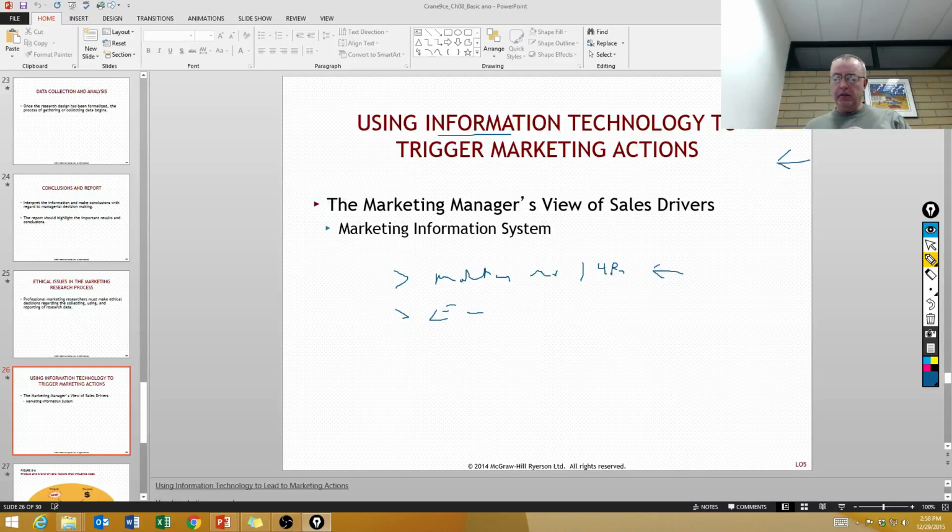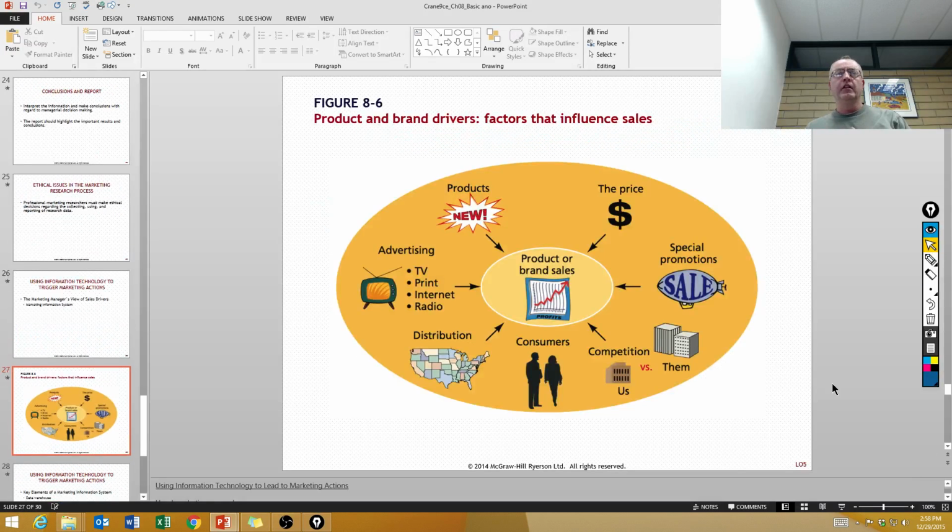So marketers use information processing technology to collect and analyze data. So in the little illustration on the screen here we have the controllable factors.